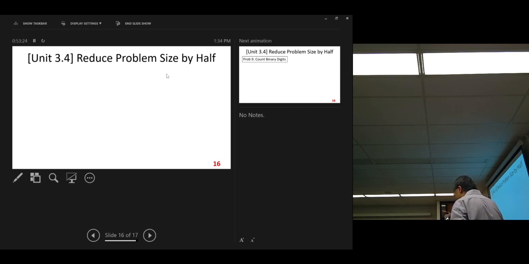Later we will have divide and conquer. We divide in half, right in the middle, then we conquer. This one has a similar idea: divide in half, reduce the problem size by half.